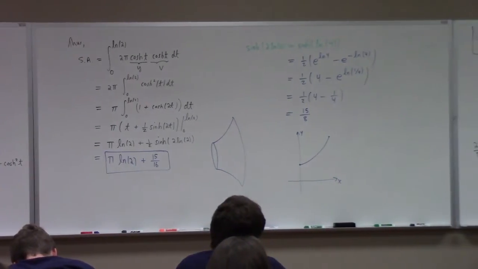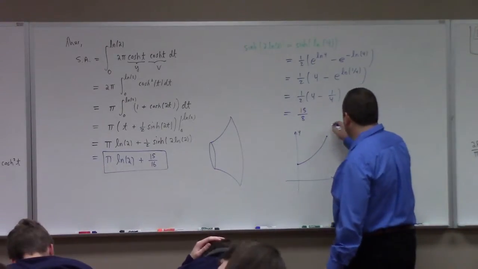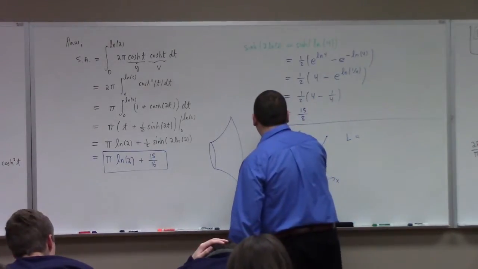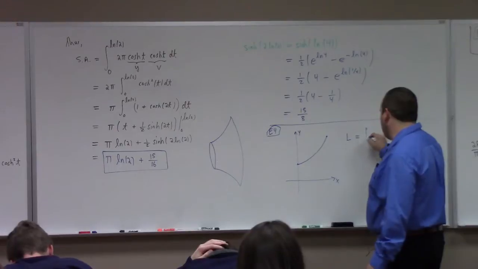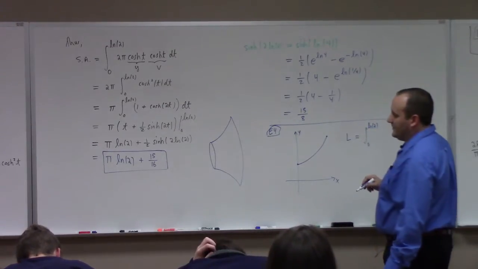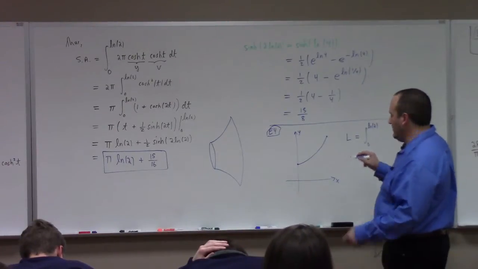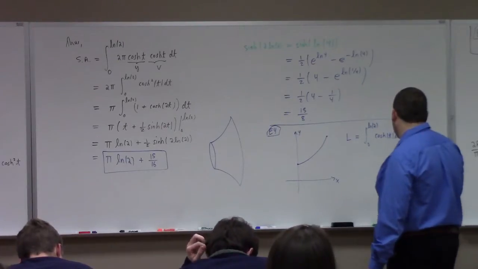What's the arc length of the curve to start with? So the arc length would be what? Integral from 0 to log 2 of the speed, right? The speed here was cosh t dt.